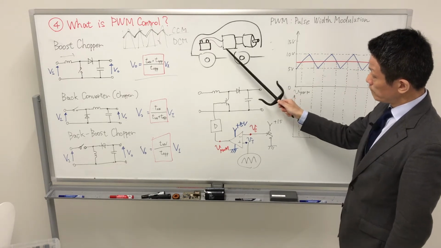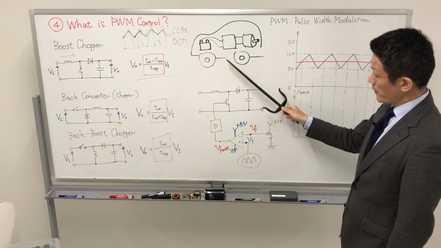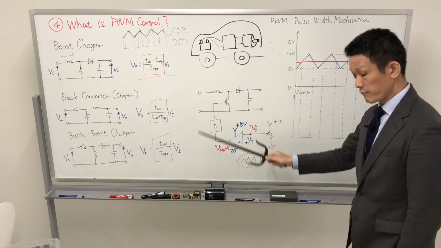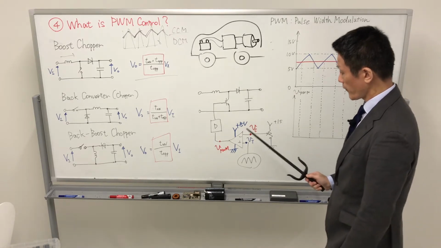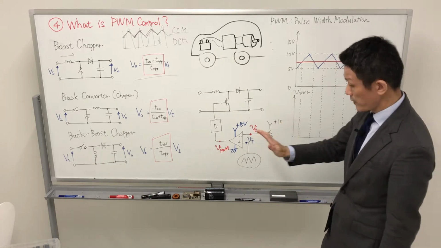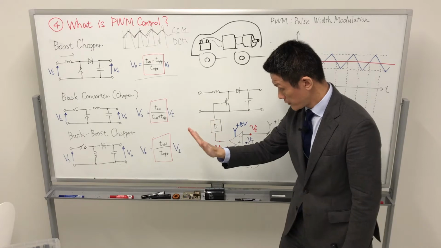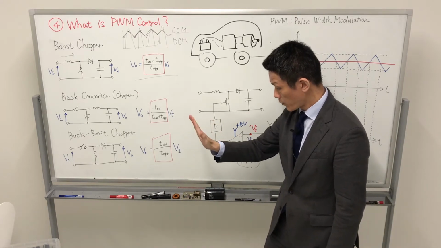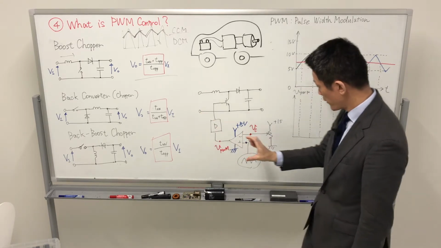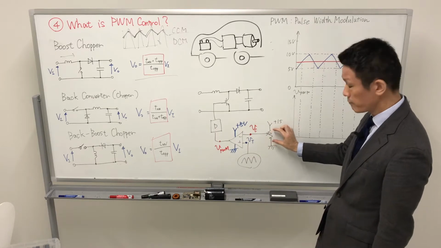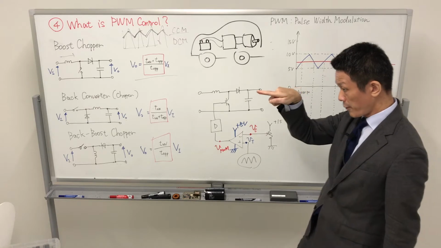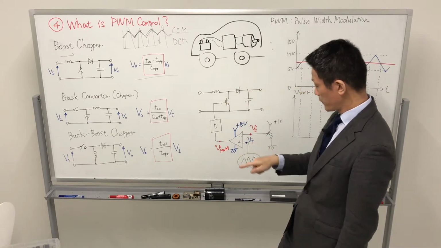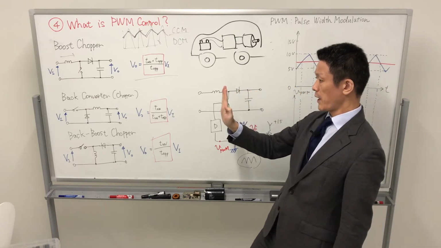This is the equivalent circuit of the chopper. The variable resistance point indicates the acceleration value, and this voltage is the open and closed value.